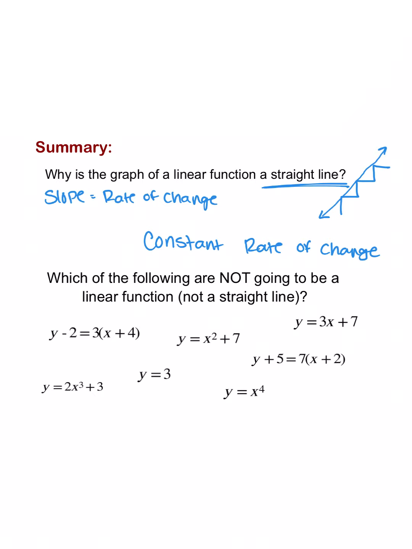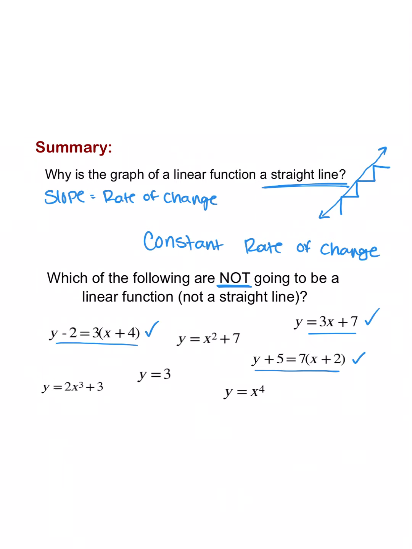So next one, which of the following are not going to be a linear function? So which ones are not going to be a straight line? Well, we know that y equals mx plus b is our straight line, so that one's good. If you can remember, this was our point slope form. That one is also good. This was also point slope form, so that one's good.